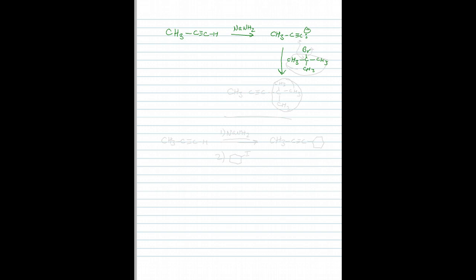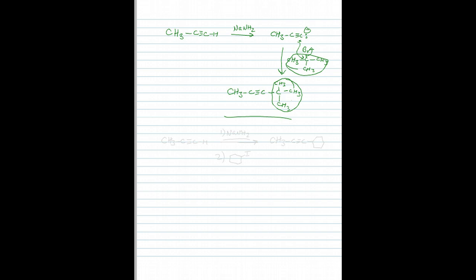Your product is going to be CH3, C triple bond C, then the isopropyl group, CH(CH3)2. That is going to be your product. So basically this carbon right here bonds to this carbon. This whole group gets attached to it, and the halogen leaves. Whatever that group is gets attached, and you can see you can put as many carbons as you like, make it as big as you want.